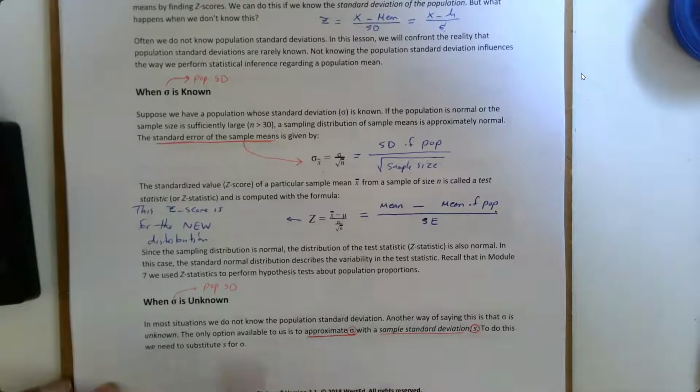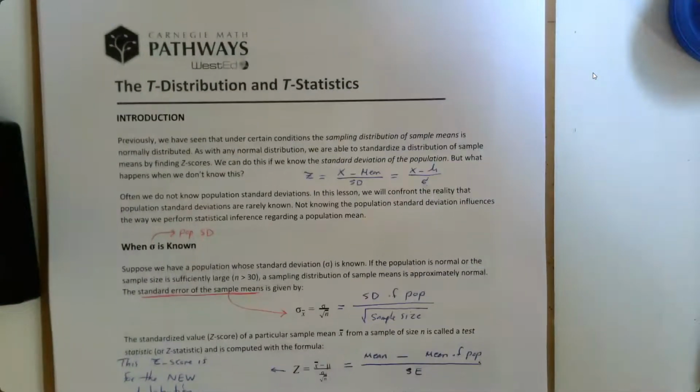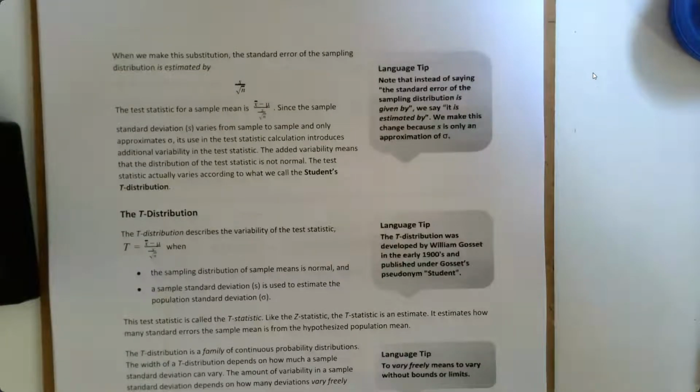To do this, we need to substitute S for sigma, but we're not allowed to use Z anymore because it's not going to be the same. Very well. On our next page, we're going to continue talking about the case when sigma is missing.